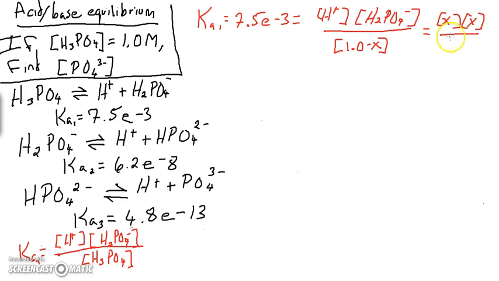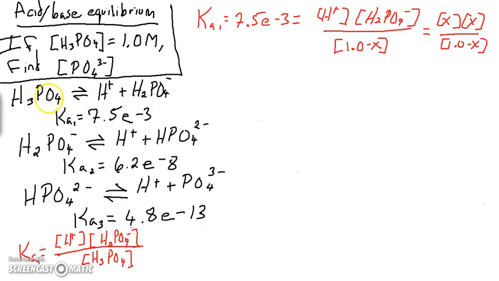So the formula that you need to know for this is this one. Now, why did I write it like that? Well, look at the balanced equation. You're always basing everything in chemistry off the balanced equation. It's this one right over here. So I'm telling you that I'm starting with 1, think of 1 molar over here, for my H3PO4.